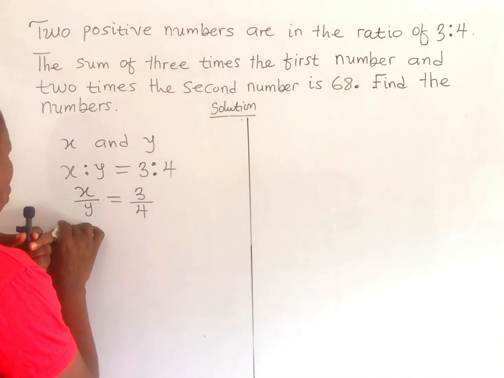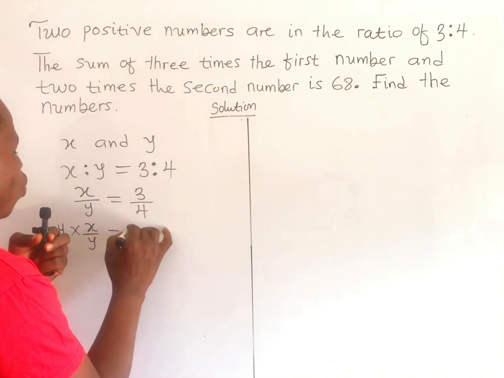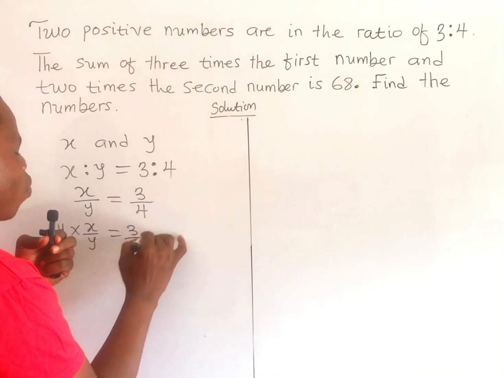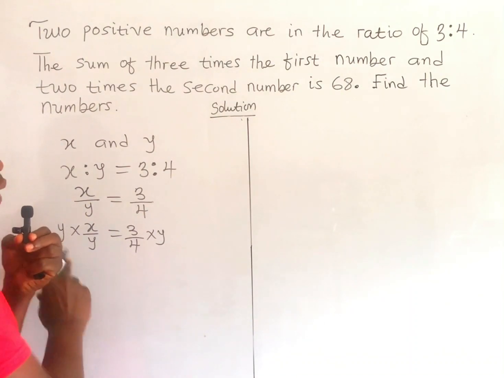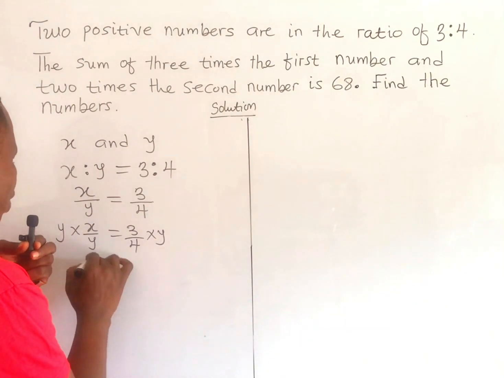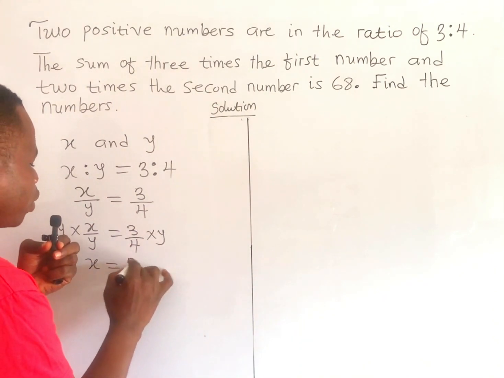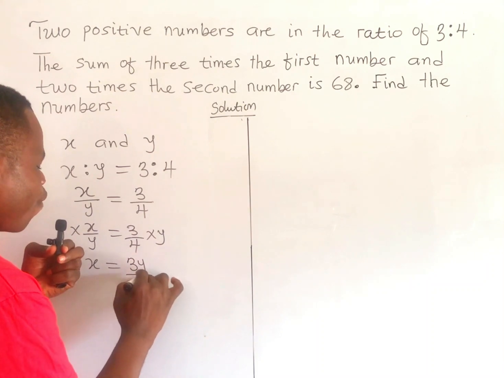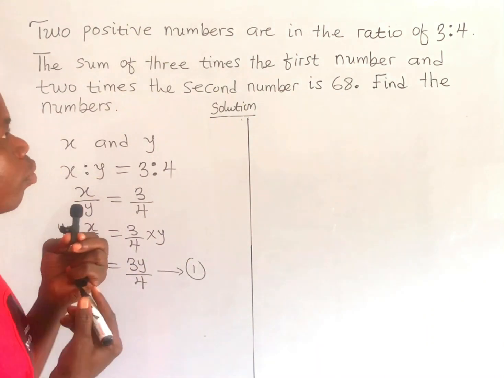So here I have y times x over y is equal to 3/4 times y. You see this y will take away this y. I will now have x equal to 3y over 4. Let's call this one equation 1.